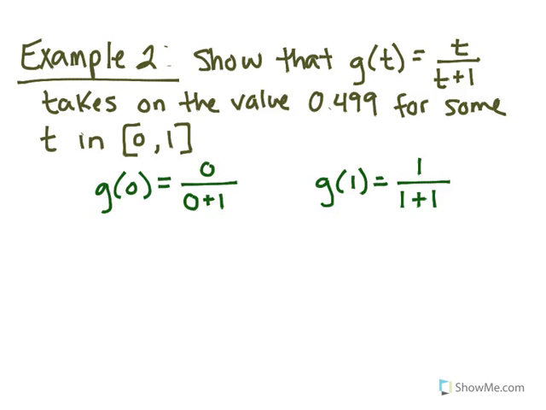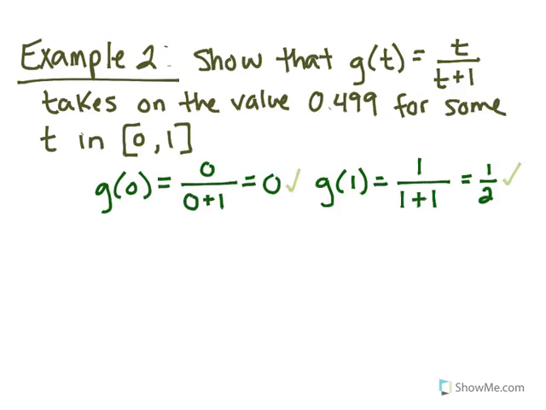So here's our setup, and if we plug in 0, we get 0 over 0 plus 1, which is equal to 0 over 1, which is just 0. And for g of 1, I have 1 over 1 plus 1, which is equivalent to 1/2. So sure enough, these y values are different. And we want to make sure that our function is continuous in here.